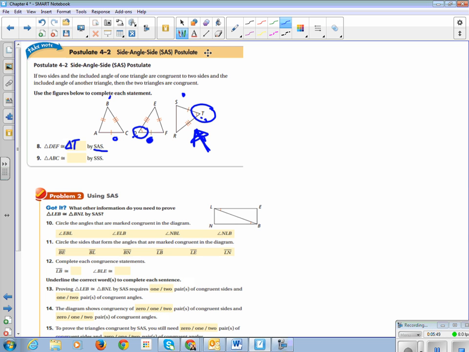E and R. Thank you. And then S. By side, angle, side. That leaves us triangle ABC is going to be congruent to DEF by side.